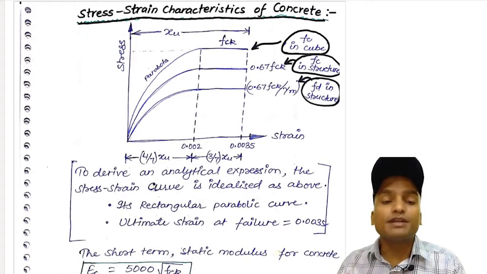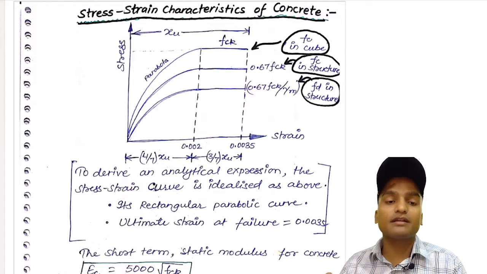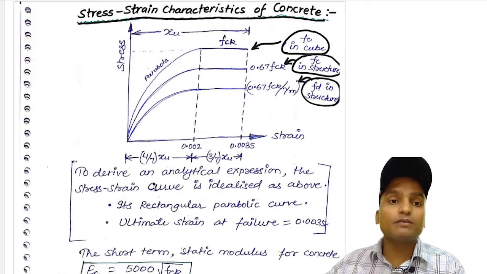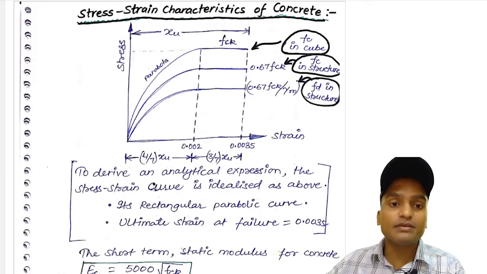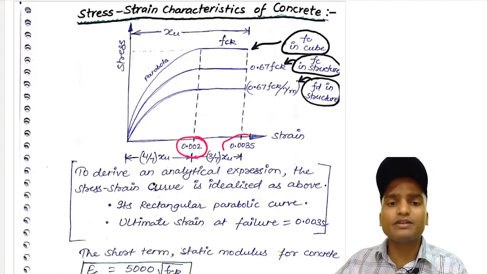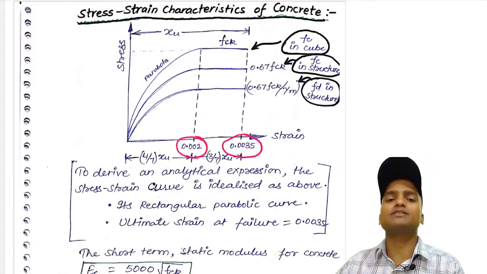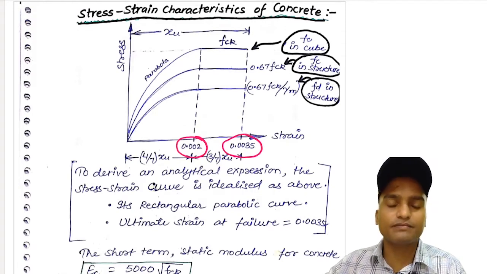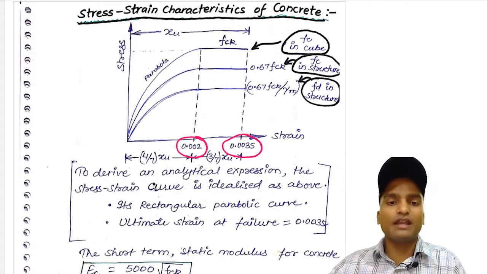One more very important point that you can note is that the parabolic curve of the stress strain diagram is up to the strain value 0.002, and the ultimate strain value that the concrete can withstand is 0.0035. These two values are mentioned by IS code.